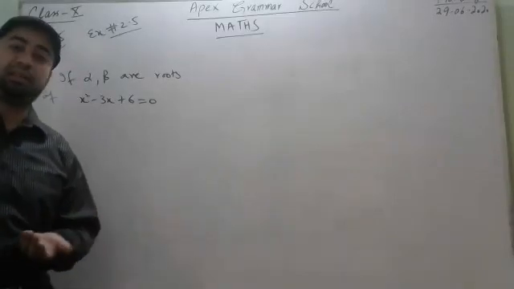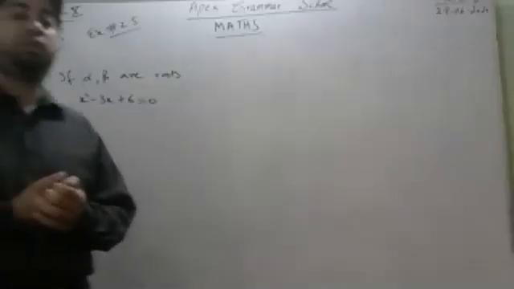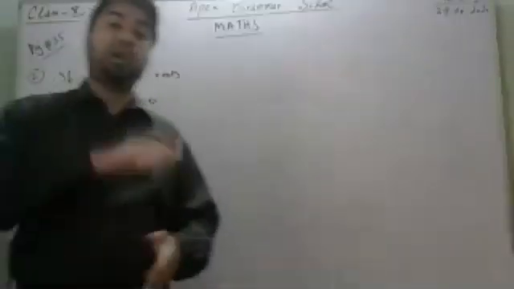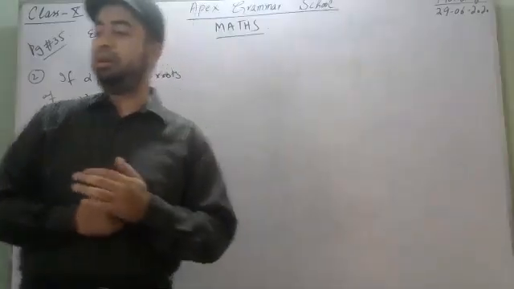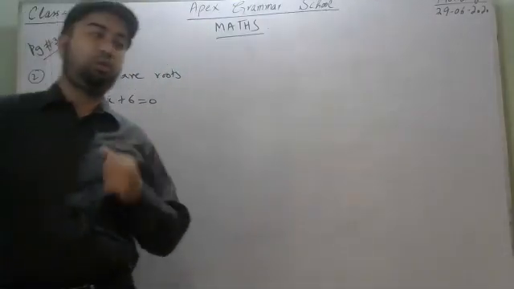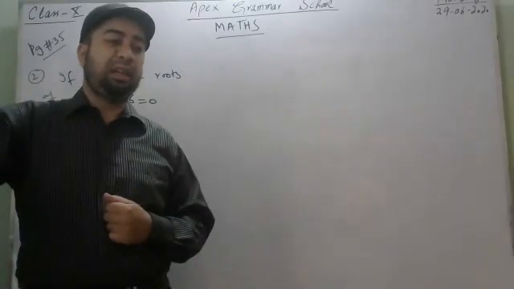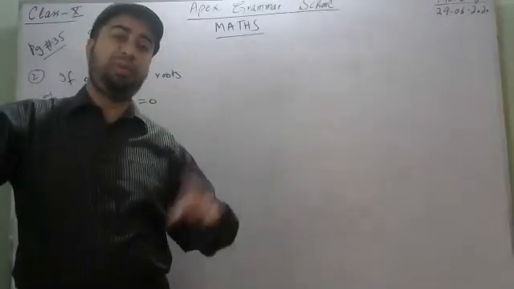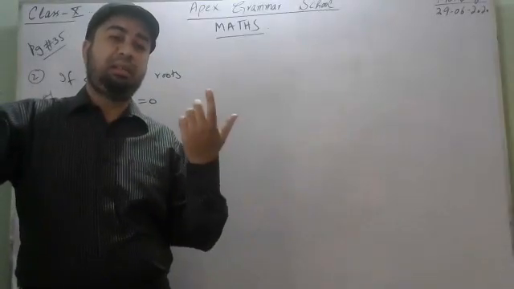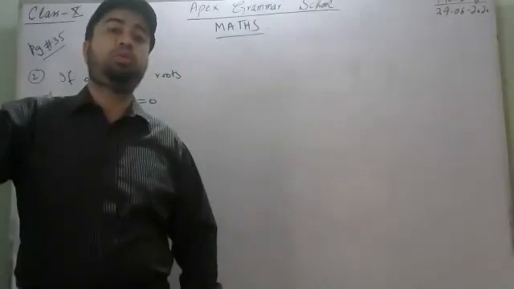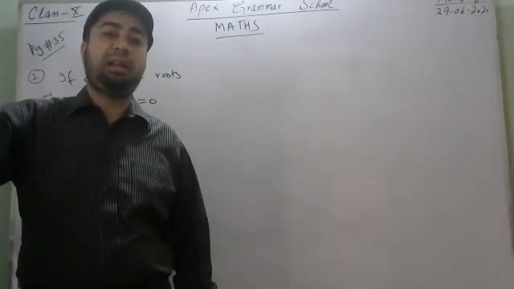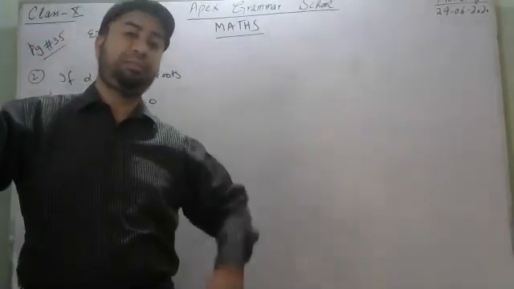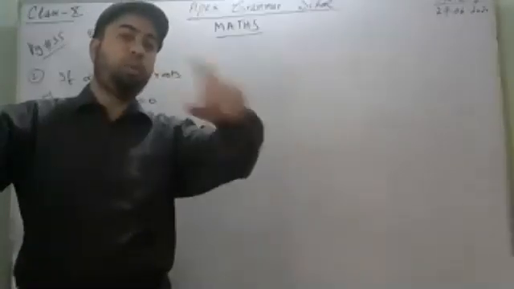Now the game is in this question. You know that from roots you can make the quadratic equation, and from a quadratic equation you can find the roots. But what if somebody is going to spin the roots, change the roots, modify them? For example, if somebody says that the root alpha is 2 times greater than beta, then make the question.